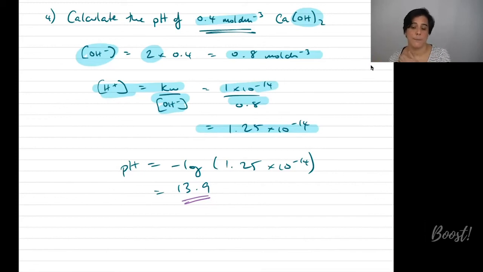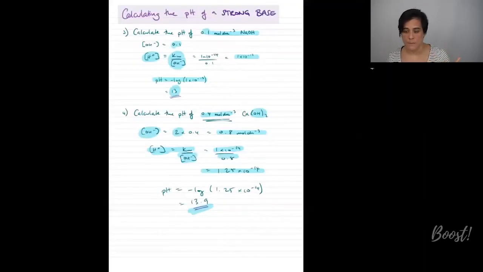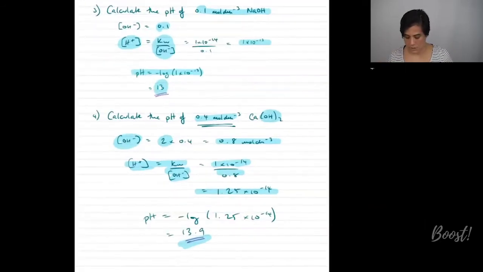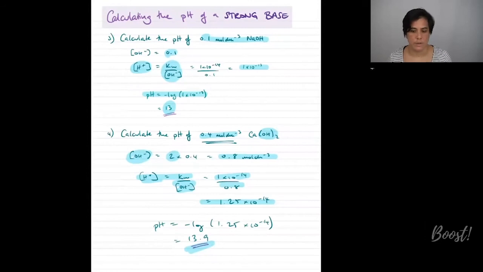Put that into our pH calculation, pH equals minus log of the concentration of H plus ions, and we get 13.9. Again, both of these are types of pHs that we would expect for strong bases, so just make sure you're doing a common sense check in case you haven't got something the wrong way around or something like that.